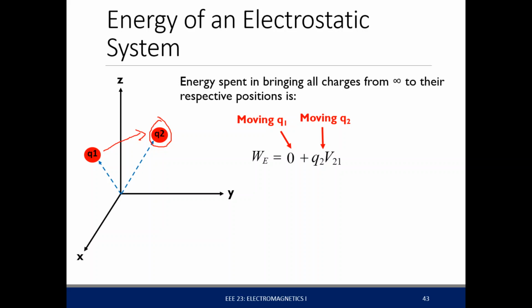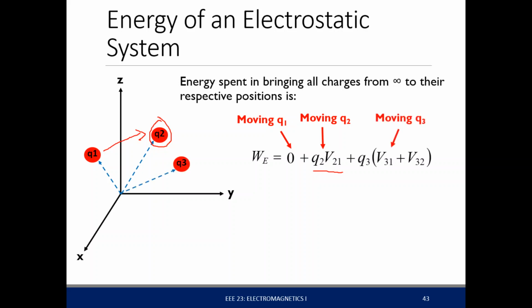If they oppose each other, then you're exerting effort to put Q2 from infinity to this point right here, because Q1 emanates an electric field. Therefore, you exert effort equal to the potential difference between 2 and 1.